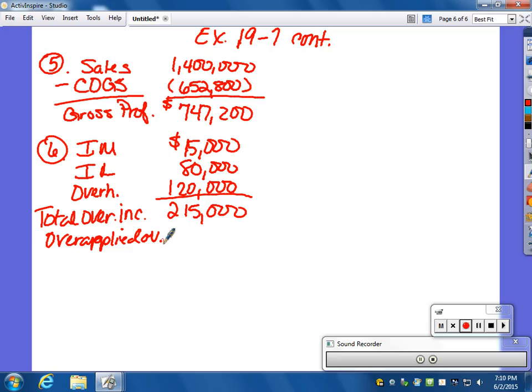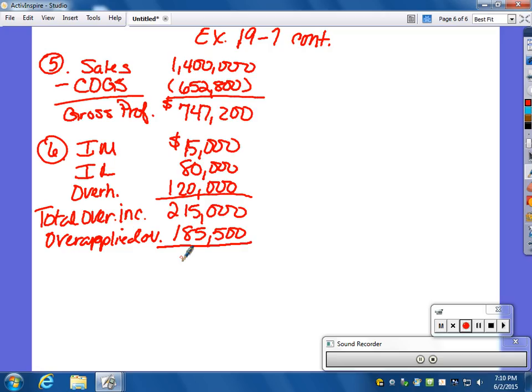What was it? 185... Overhead applied 185.5, which was the 265,000 times 70%.